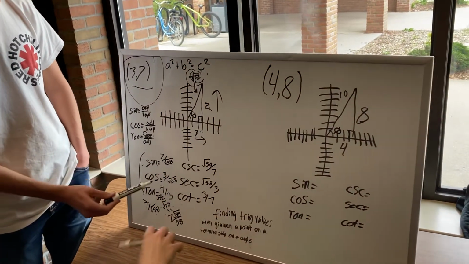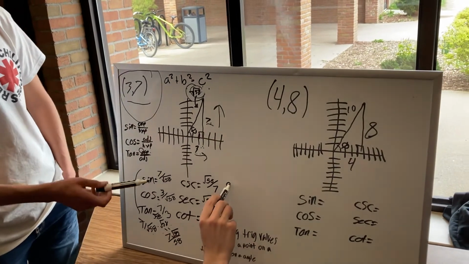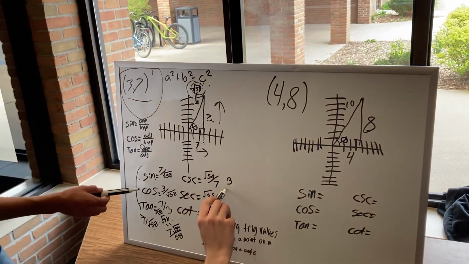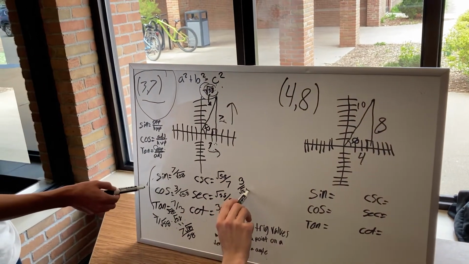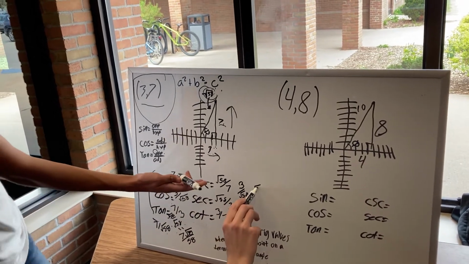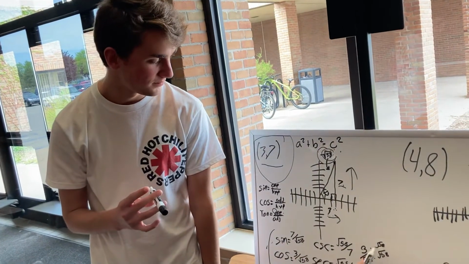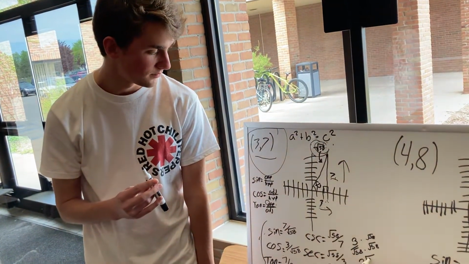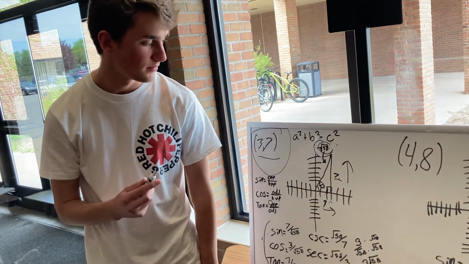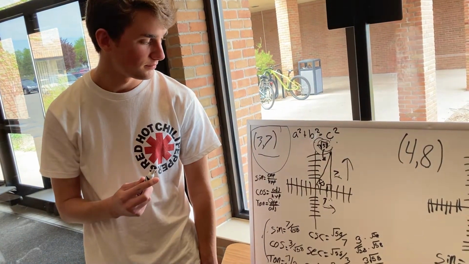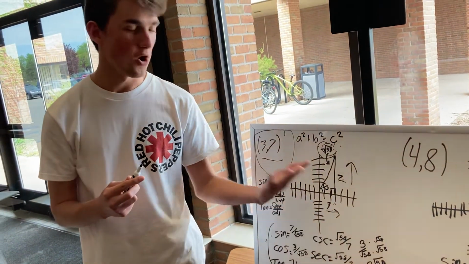And then the next one that would be simplified would be the cosine, as shown here. Square root of 58 over 58.